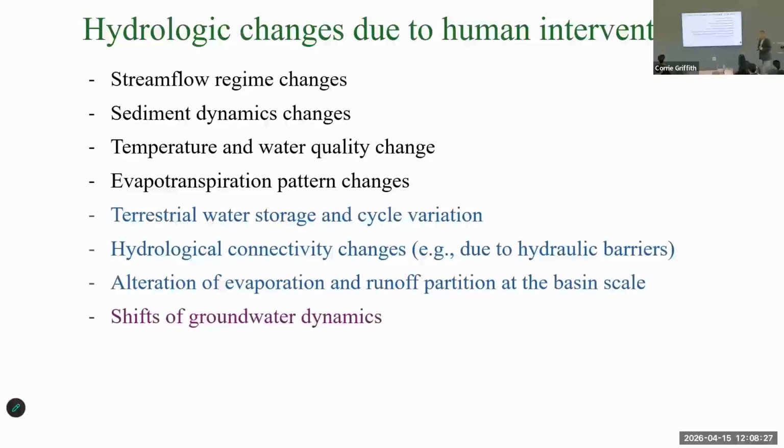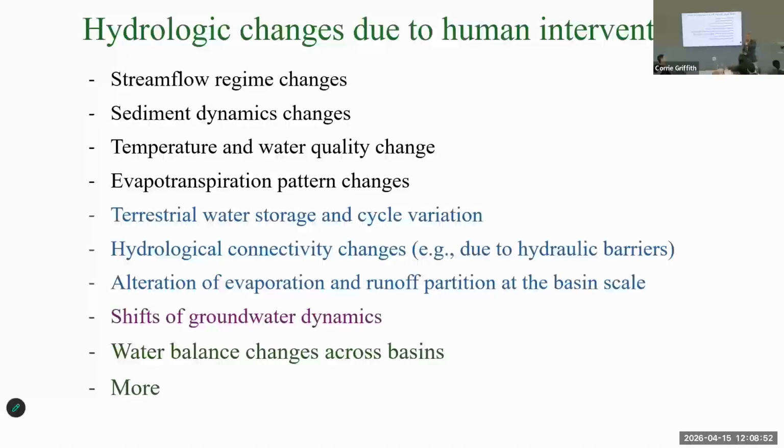Then, of course, there is the shift of groundwater dynamics and water balance change of crossing basins due to interbasin water transfers. So this is an overview; there could be more, right? You could identify more. I recently heard a presentation on how upstream reservoir operation changed the groundwater and surface water interaction downstream, and then changed the contaminants in the groundwater. Something interesting.